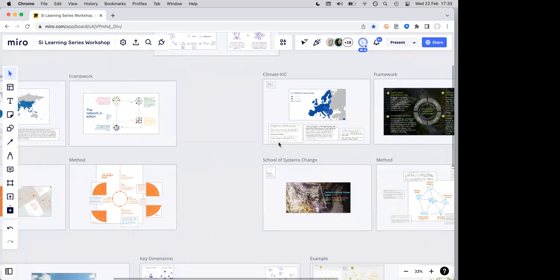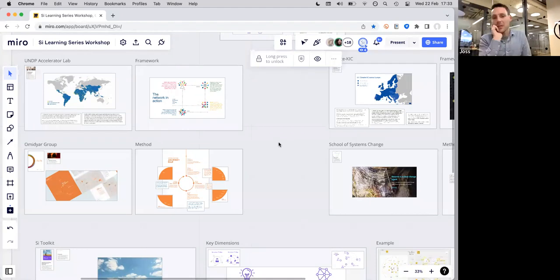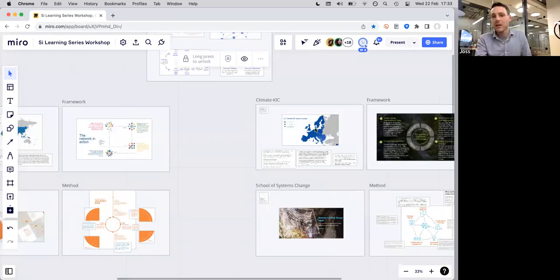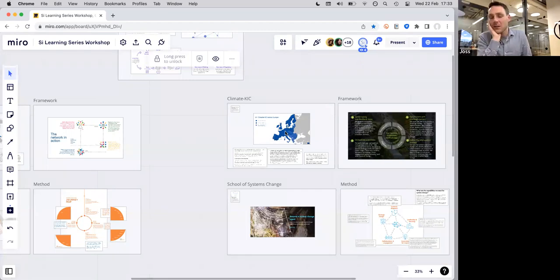Yeah, well, as I mentioned, many of these are designed for these specific organizations. So the UNDP is particularly good at helping these communities develop locally. The Climate Kick one has a huge network of major institutions, so it's particularly good for working with those kinds of actors in multi-actor environments.